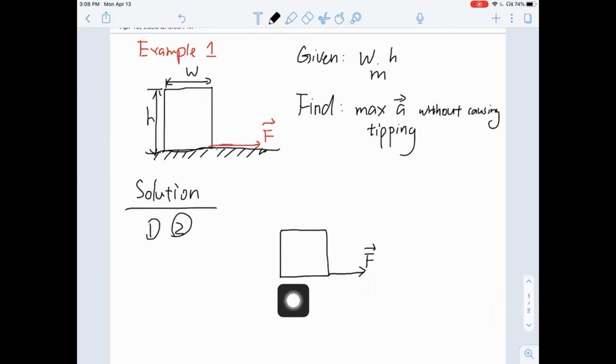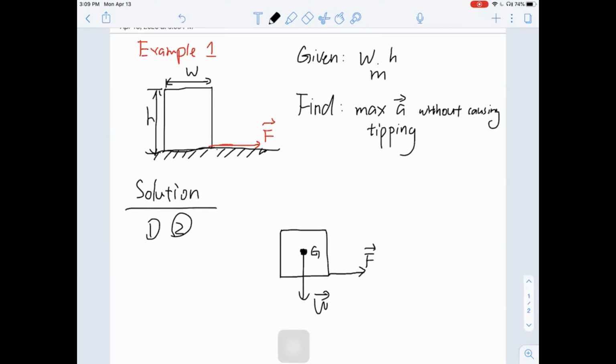And how would you draw the weight force? The weight force goes downwards, but where you apply it matters. Usually the weight force will pass through the mass center, which is called the mass center G. The weight force is going to be this.